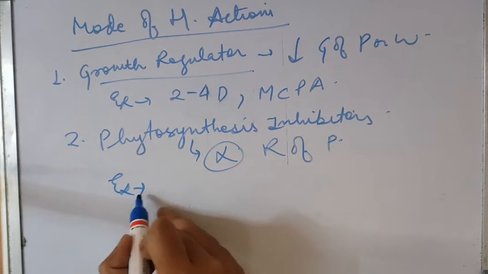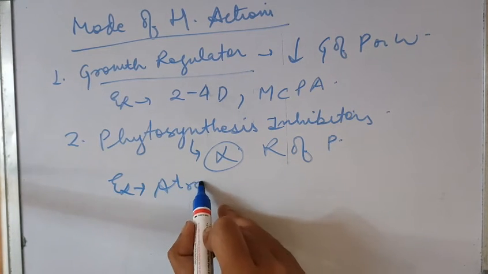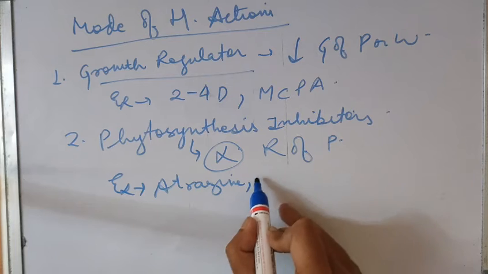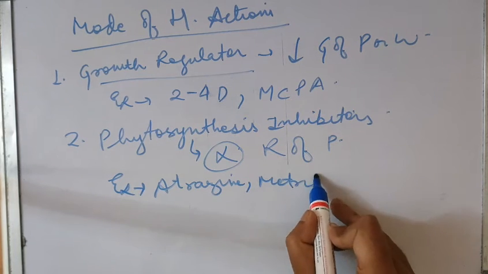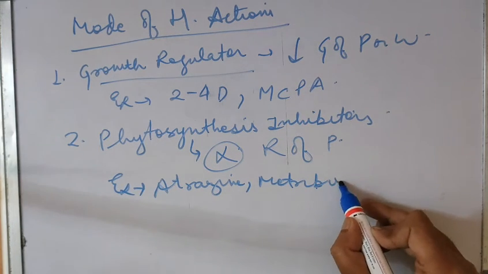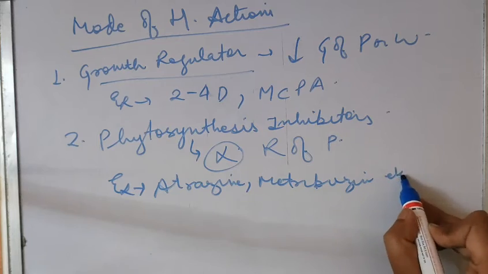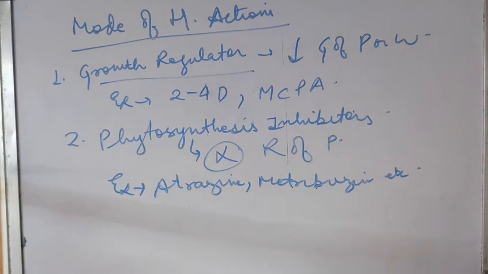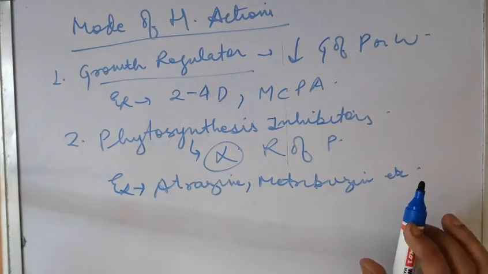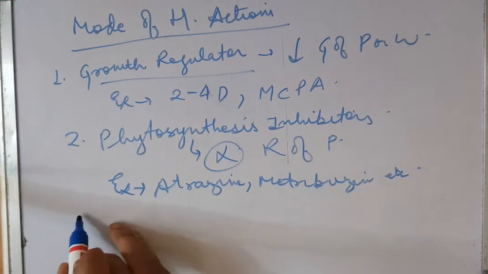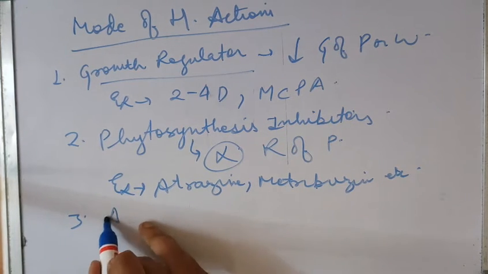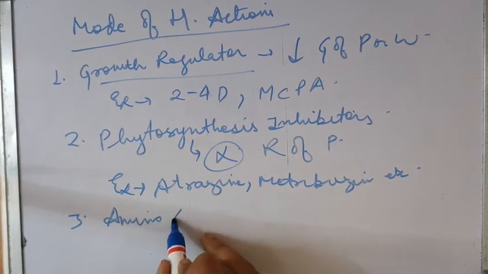Examples of photosynthesis inhibitors are atrazine, metribuzin, etc. When there will be no photosynthesis, how can weeds grow? So these are photosynthesis inhibitors. We have got amino acid inhibitors.